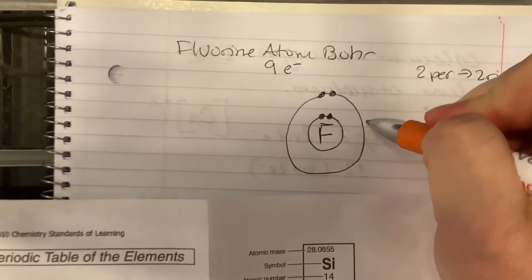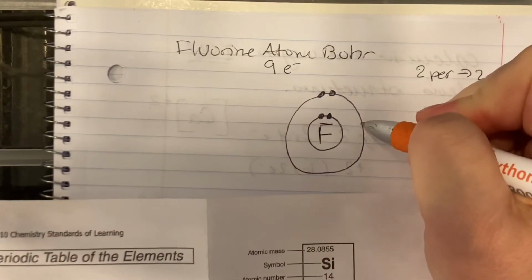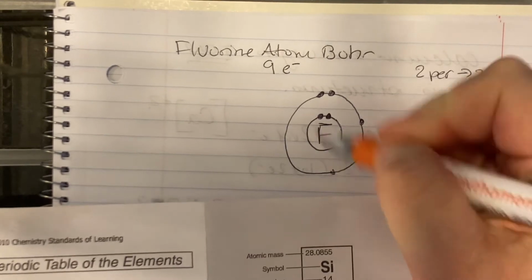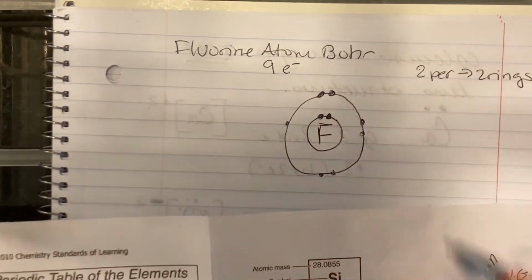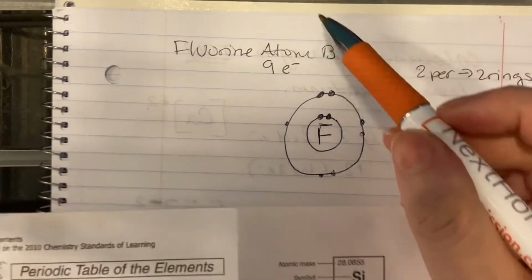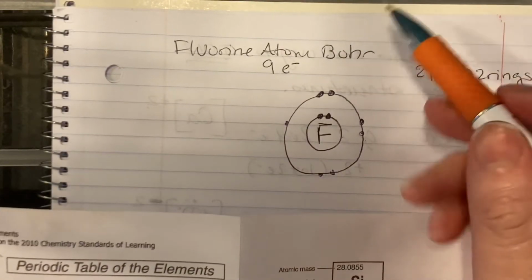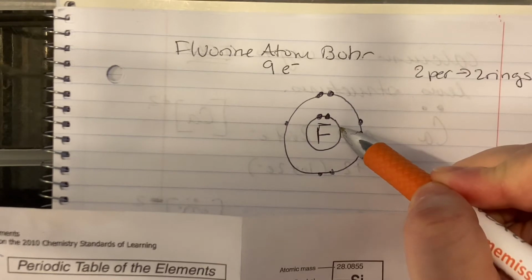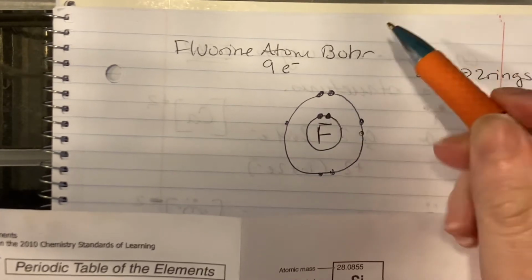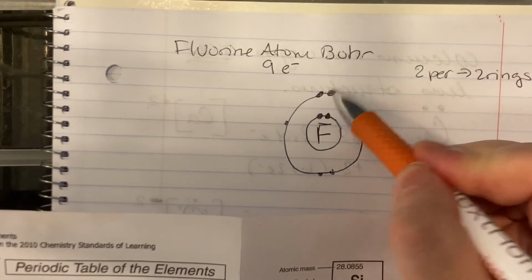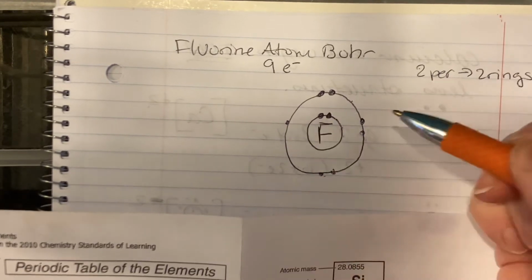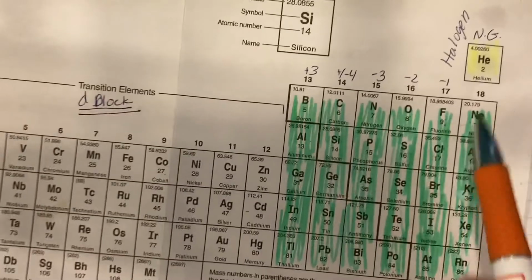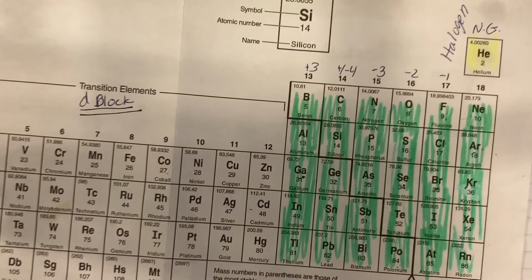And then I'm going to go around for the next 5, up, up, up, down, down. It's the same exact way when we are doing the orbital notation. This is the first ring, 1s2, 2s2, 2p5. And that's what it is when we look at fluorine on here.